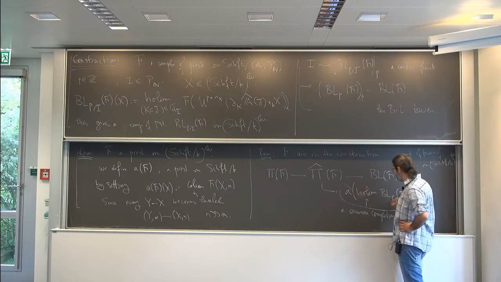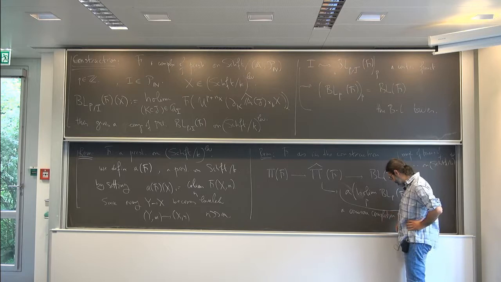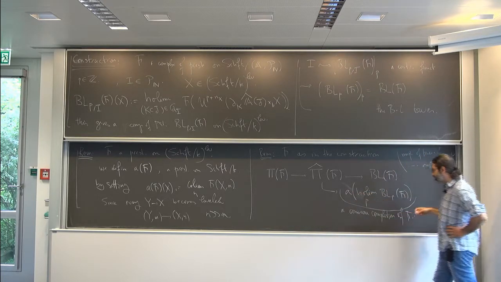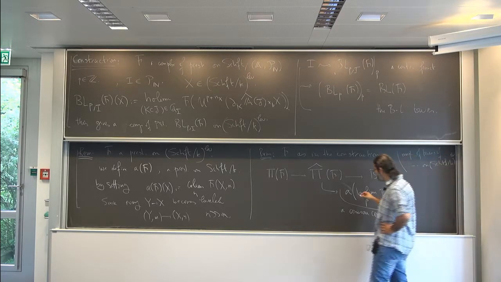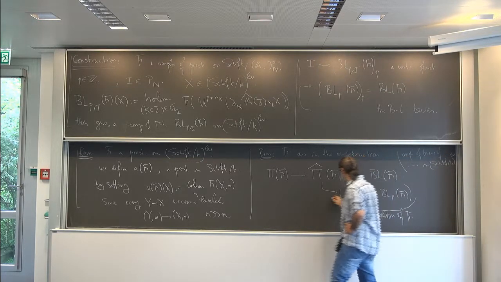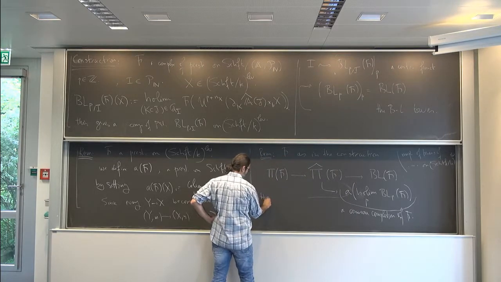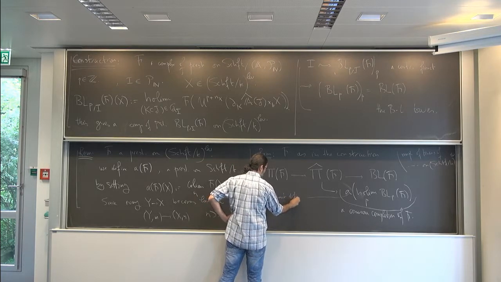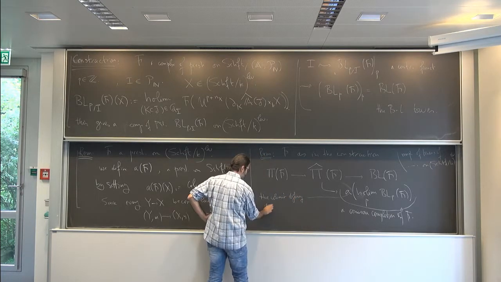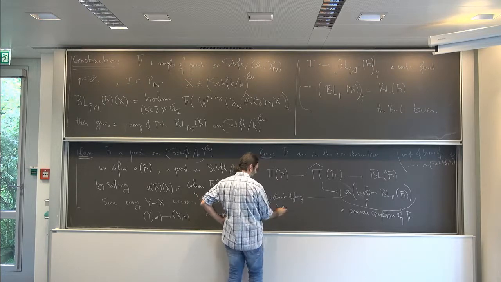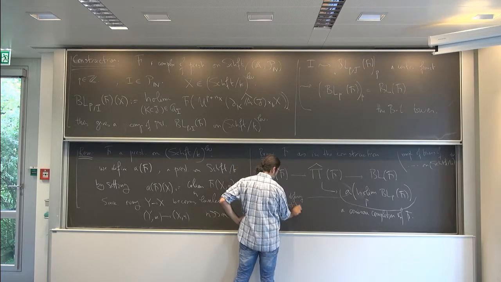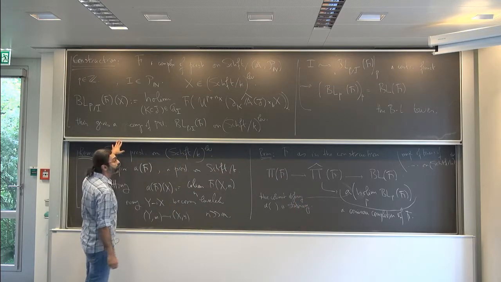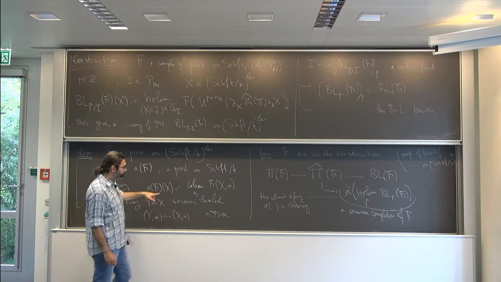so I want to say this because it will come later. The colimit defining A of this is in fact stationary.